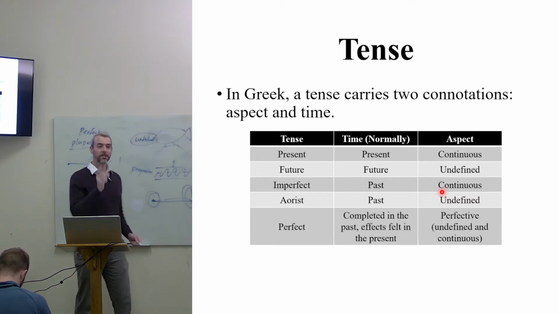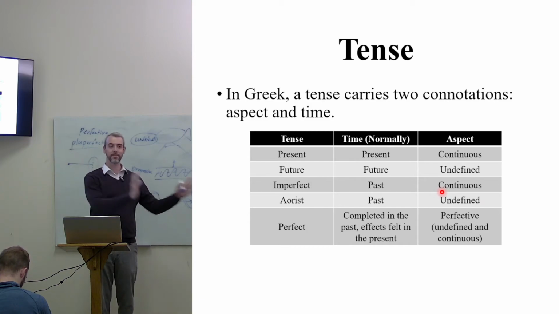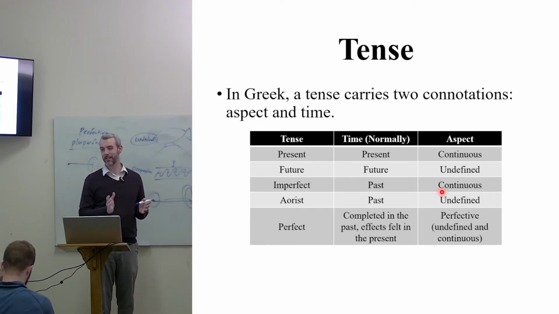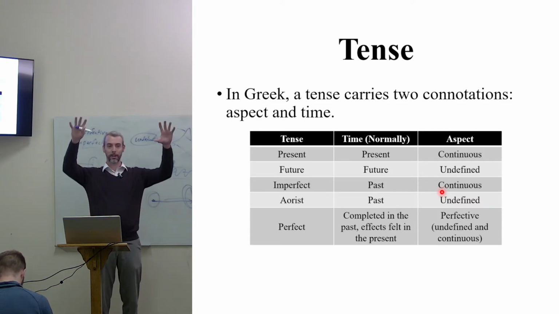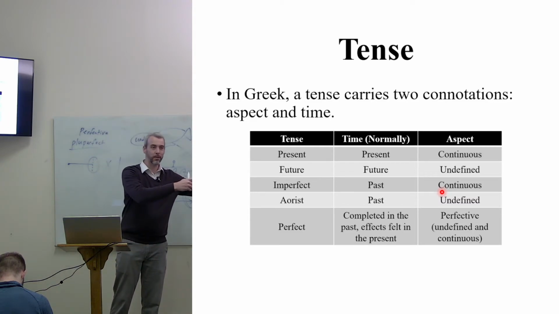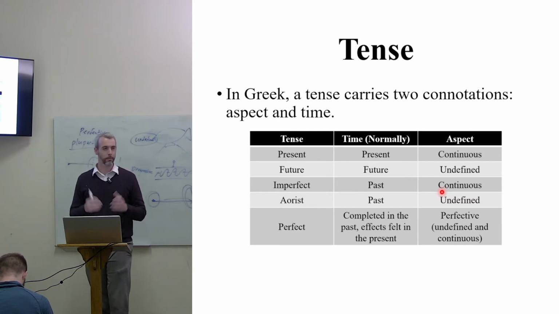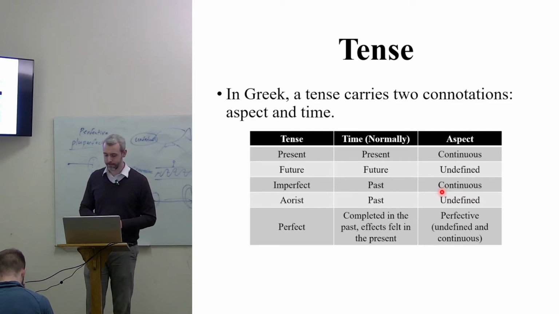No. But he uses an aorist there, probably a futuristic aorist, to say it's as good as done. But he uses an aorist. And so he's focusing more on the aspect. He just wants you to think about the idea of glory. He wants you to see that from the blimp. And even though it's happening in the future, he uses an aorist so that you can get that undefined concept, focusing more on the verb, the meaning of the verb itself.